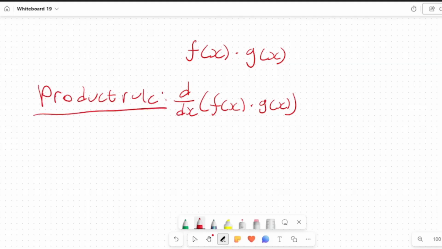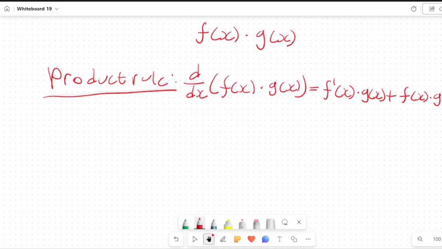The product rule essentially states that the derivative of f of x, a function, multiplied by another function, can be written as the derivative of f of x times g of x plus f of x times g prime of x. So it's the derivative of f of x multiplied by g of x, added on with f of x times the derivative of g of x. So there shouldn't be too big of a problem to grasp.